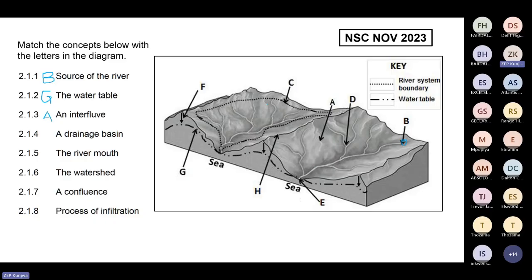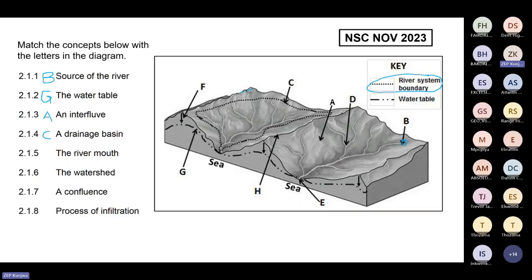That is your drainage basin, and it's marked by C. I do know that other people are going to say, are not those dotted lines supposed to be the watershed? But the examiner is giving you the key there to tell you that is not the watershed. So it's important to pay attention when you do an activity or when you write an exam. Obviously, the watershed lines would be somewhere there on the edges of the high-lying area.